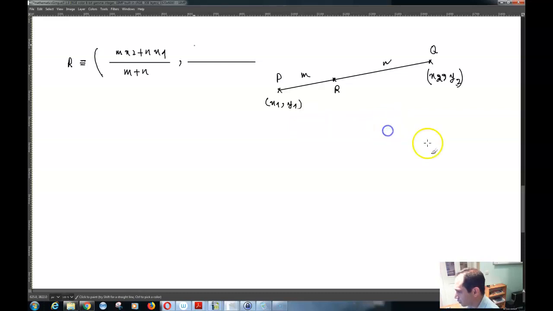I have read this theorem before, and I do understand it, but I don't remember the exact theorem right now. So let me look the theorem up. We will talk a little bit about the basic proportionality theorem, and then we will move on with this concept.